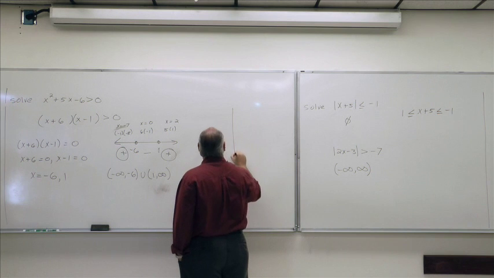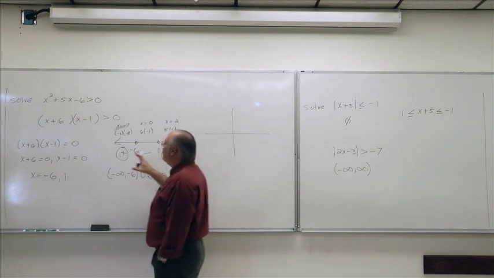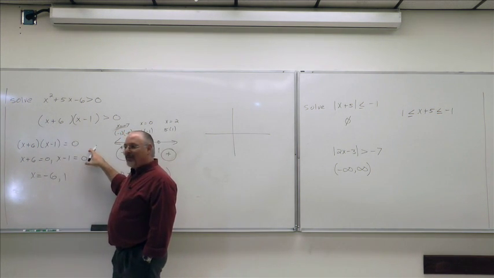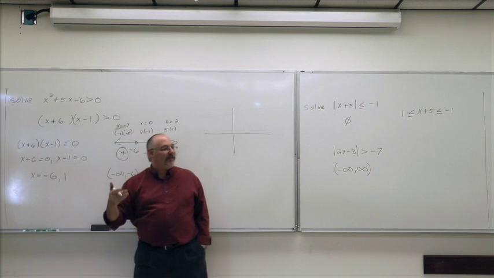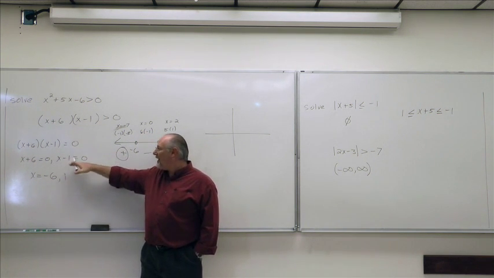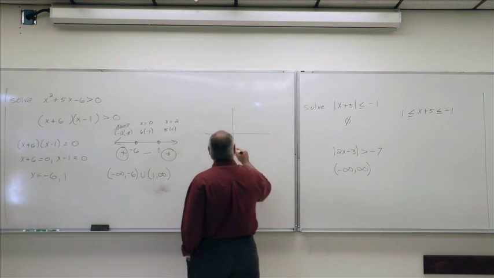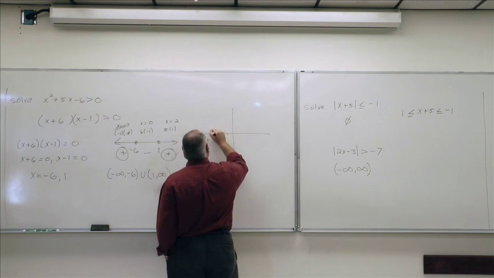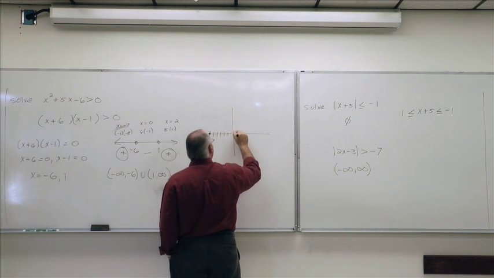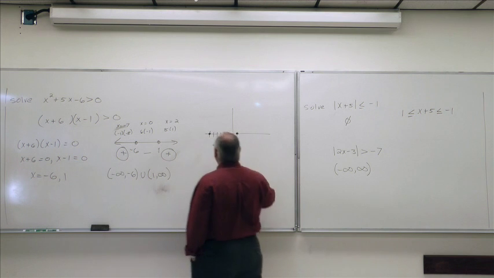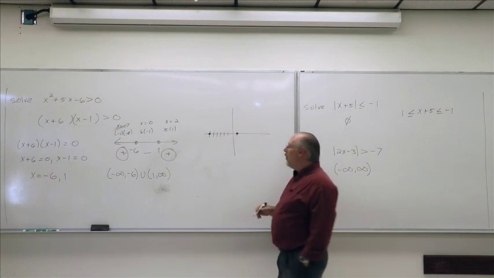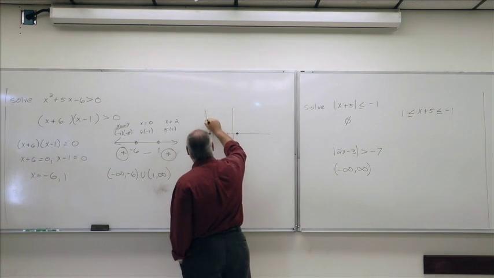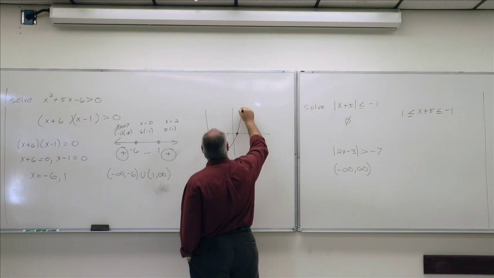So the graph of this, we already know what the x-intercepts are. Because to find the x-intercepts, you set the function equal to 0 and solve. So I know the x-intercepts are -6, 1. And we know the graph is going to open up. It's a parabola, so it's going to do something like this.